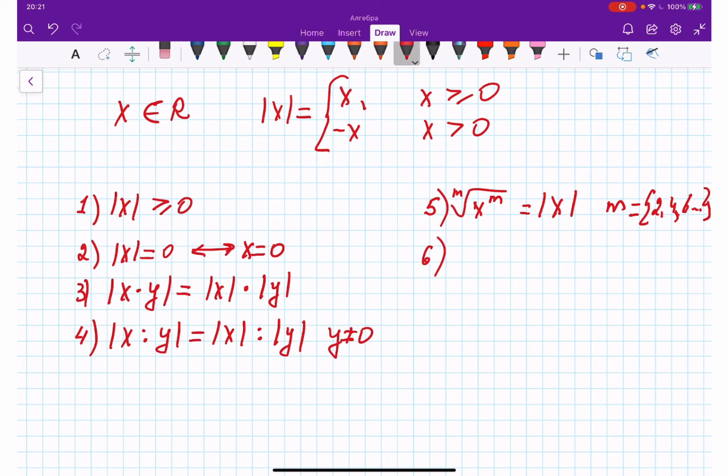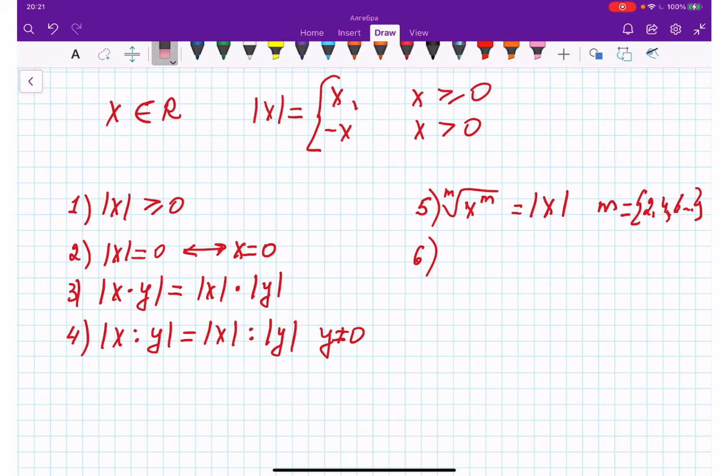When it comes to odd, it can be negative or positive, correct? Let's say the cubic radical of -1 to the power 3 is going to be -1, right? That's why we are dealing only with even numbers here in the properties.